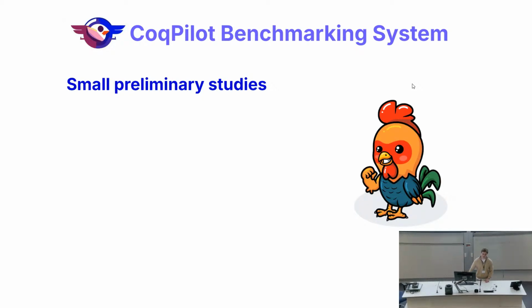Sometimes you want to run a quick experiment, not wait until you run an experiment on 5,000 theorems. Sometimes you want to check something, test that everything works correctly, that you like the parameters, and so forth. So what do we do to allow small preliminary studies?